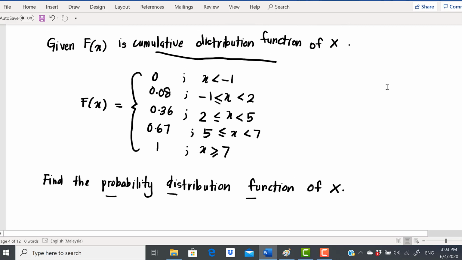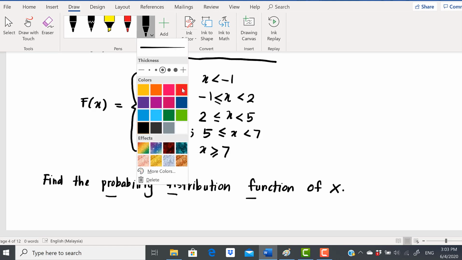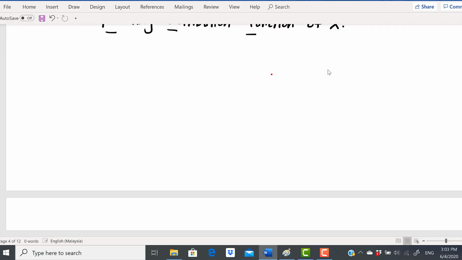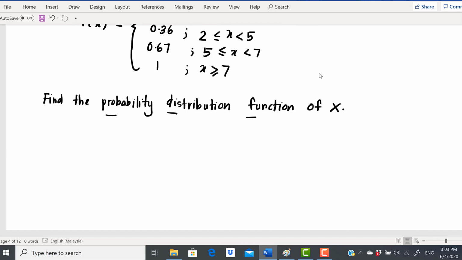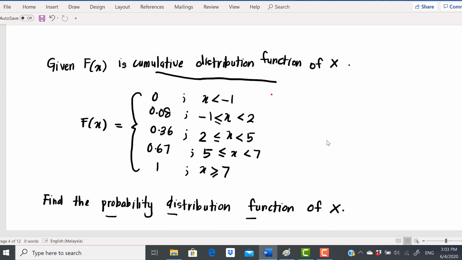We know that this is your CDF. By using this example, we know that our X starts from -1, then 2, 5, and we have 7.